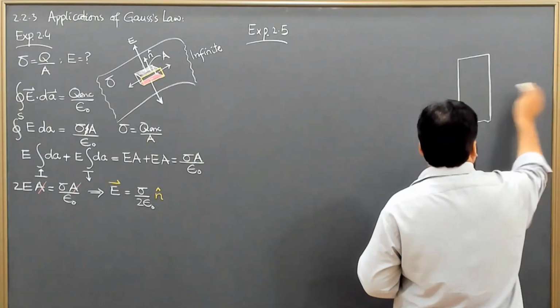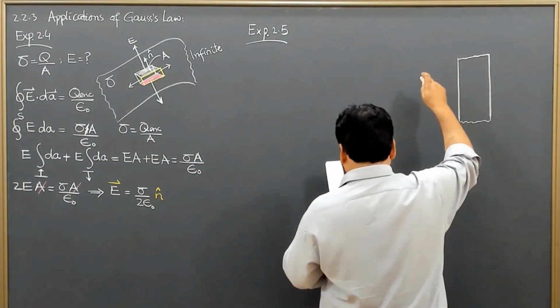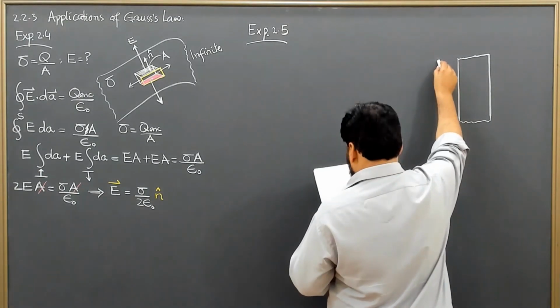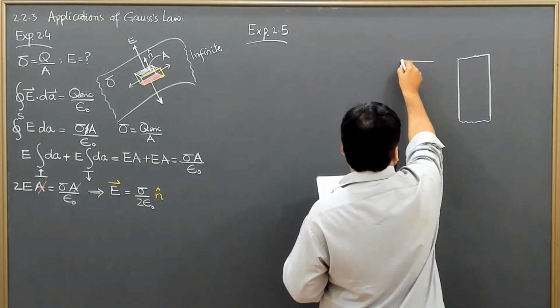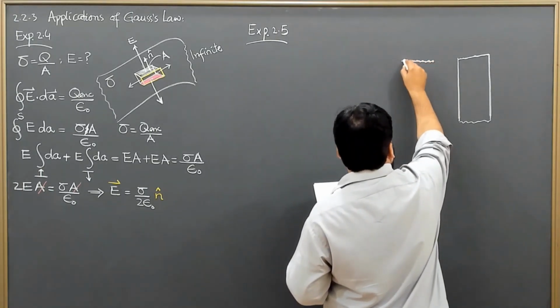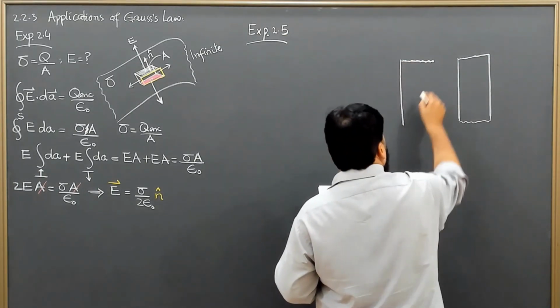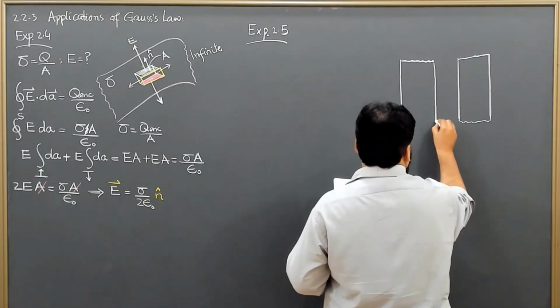They are infinite along each dimension. I am trying to show them along one, and then here as well, this will be like this. Here, this is also infinite, and the sheets are like this.